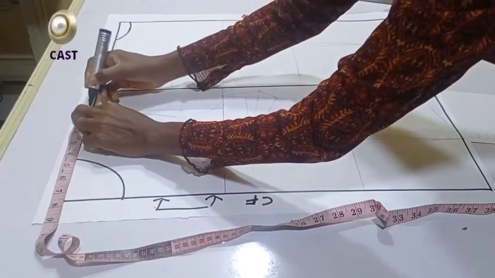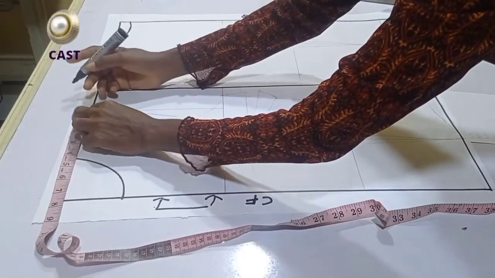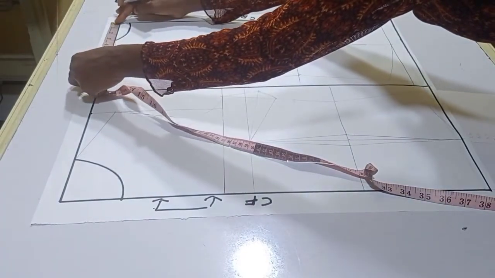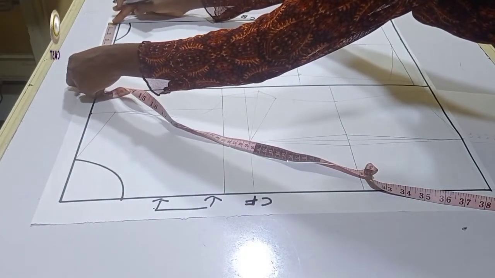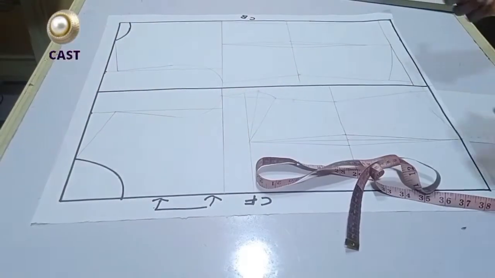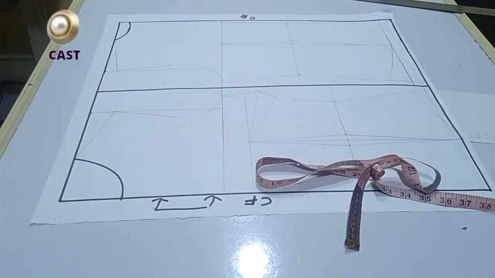So you're going to put it down for both the front and the back. Don't forget, you are not going to measure the whole shoulder measurement. You divide it into 2. So that is where our shoulder measurement is.